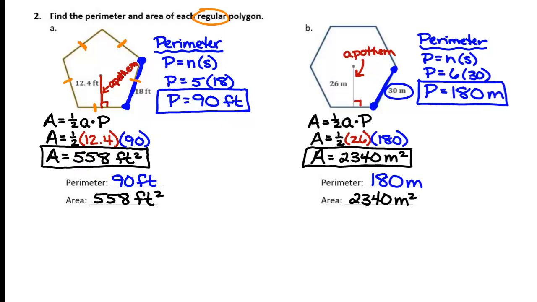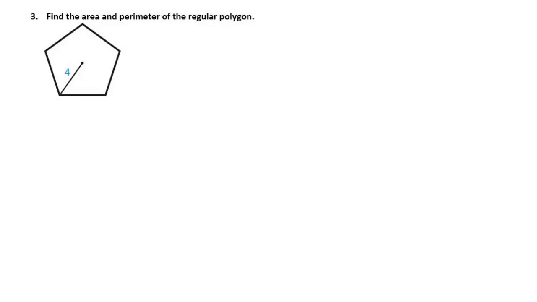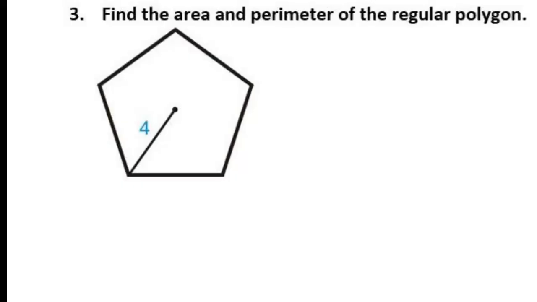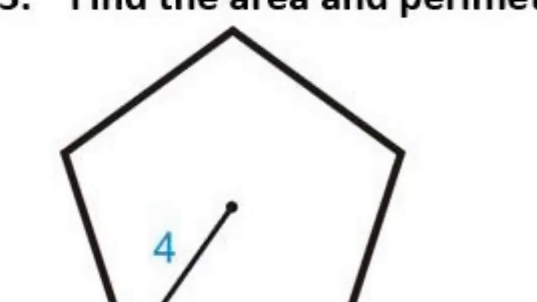We're going to go and look at number 3 on the next page. I don't know for certain that we'll get all the way through it, but we're going to get as far through it as we can. On number 3, they've only given us one piece here. They've just given us this. Is that an apothem? No, that's a radius.